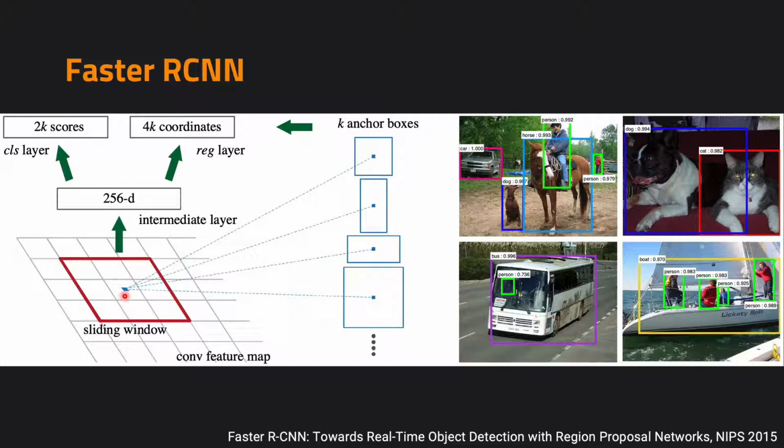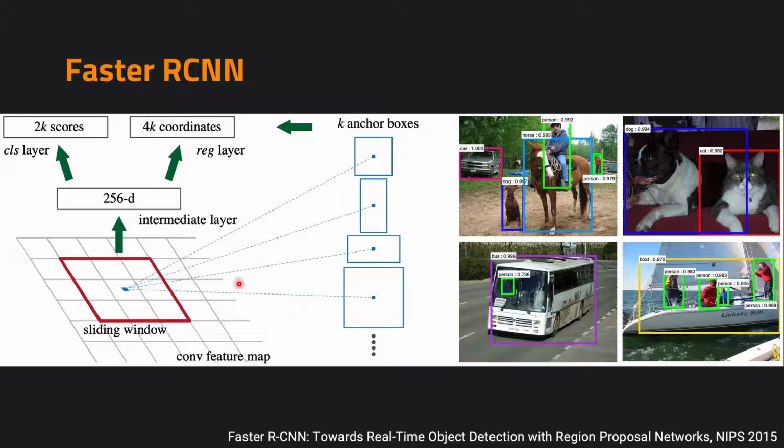Those are virtual anchors. Basically, it asks: what if at this location the object is a square, or a rectangle in a different orientation? Then we first classify which anchor box it can be at this location, and we may have k anchor boxes, which usually cover different aspect ratios and different scales.